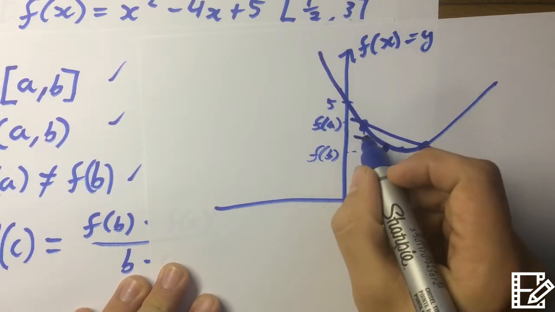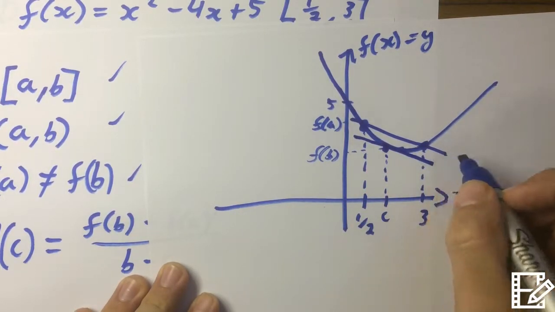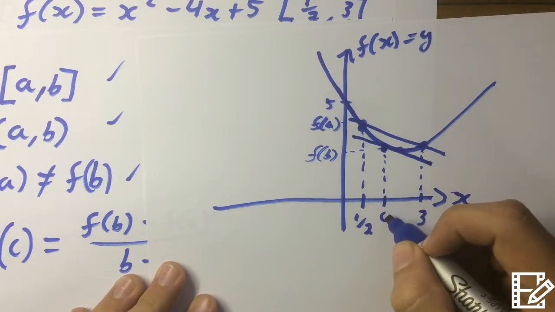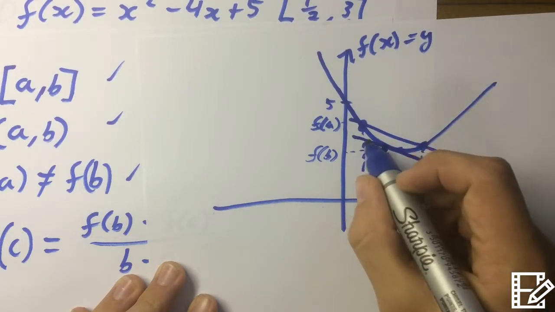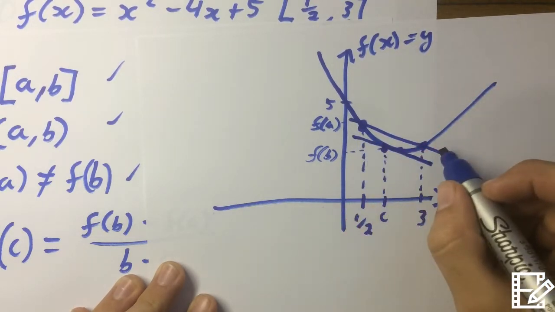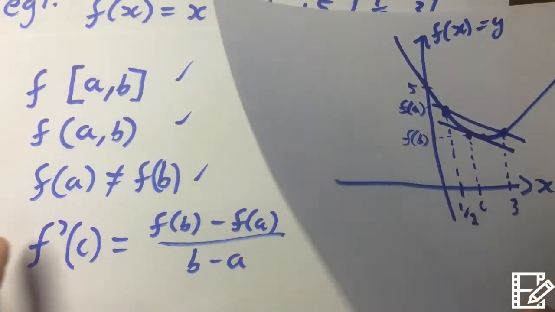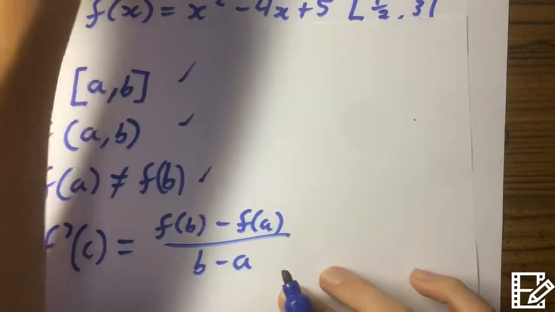The slope going through this point is equal to the slope going through this point. That's what we're looking for. We're looking for a c value that, when put into the function and derived, the slope will be the same as the slope running through the 2 points. Hopefully that makes sense, but this is what we're working with.